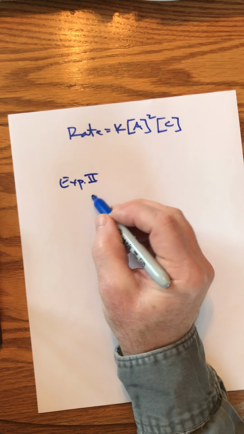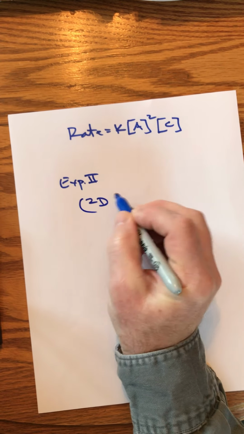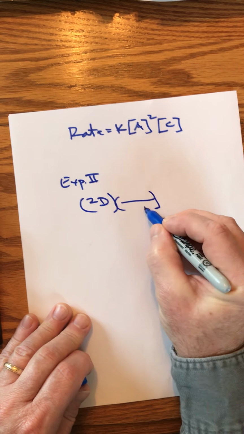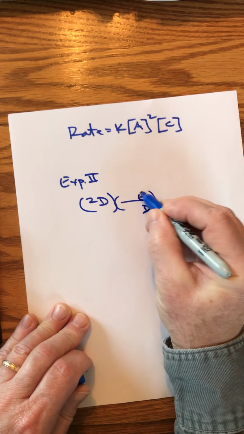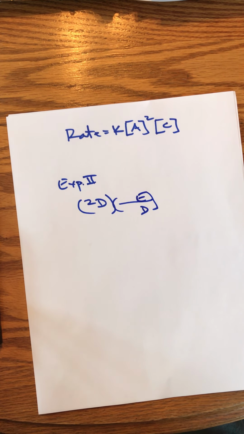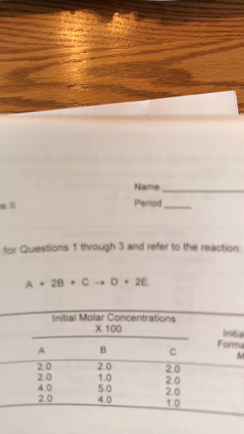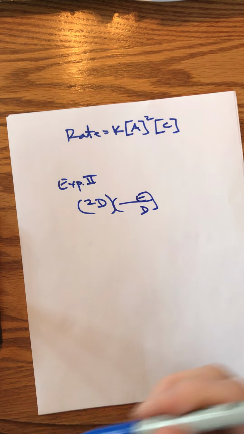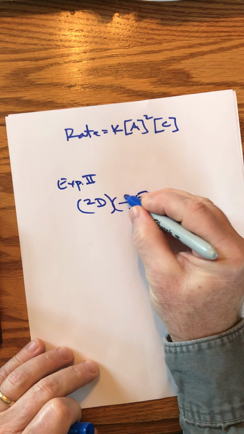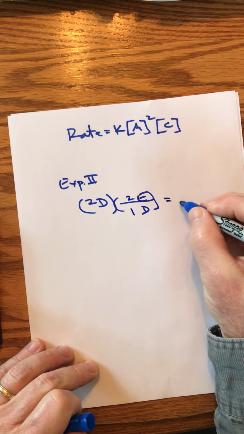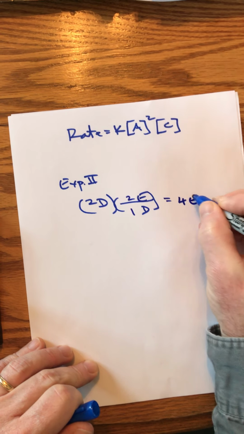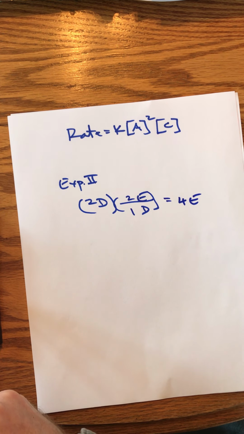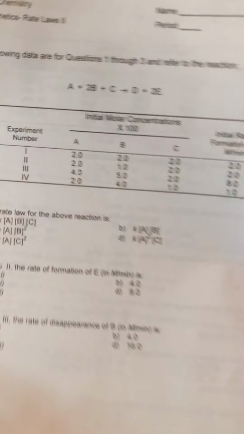But they asked me about E. If I look at my stoich, if D goes down there, E goes up here. Look at your coefficients: 1 D, 2 E's. E would be 4 moles per liter per minute, which looks like choice B in the multiple choice.